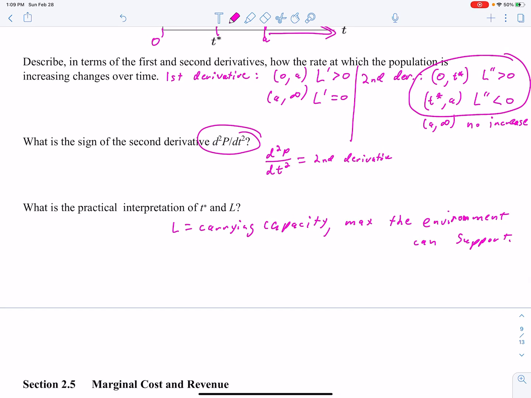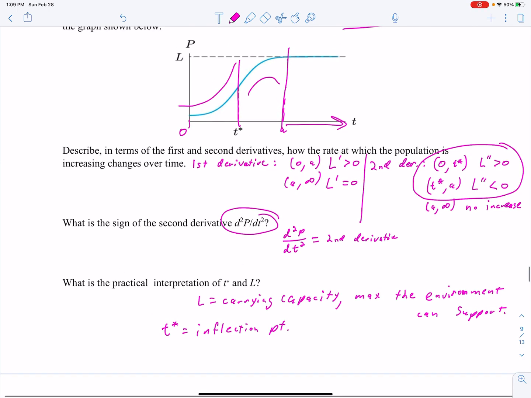T star is what's known as an inflection point. It's the point where concavity changes. So at this T star value, we go from curved up to curved down.